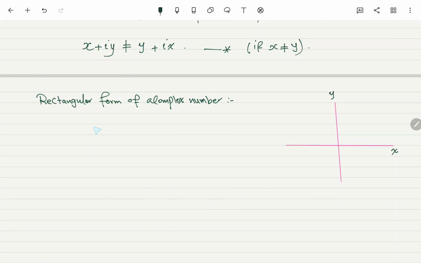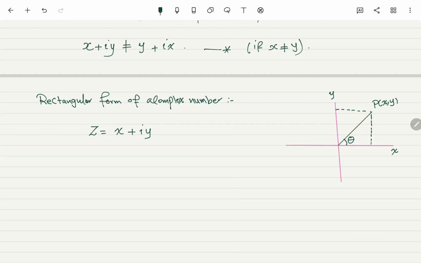Now z is equal to x plus iy, and z can be represented by a vector r, in such a way that it has an intercept with the x-axis and an intercept with the y-axis. So if this is theta here, this point here is x and y.